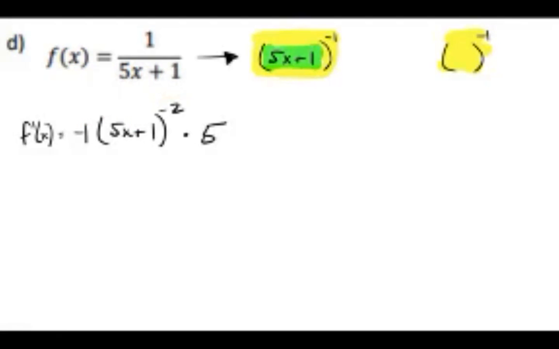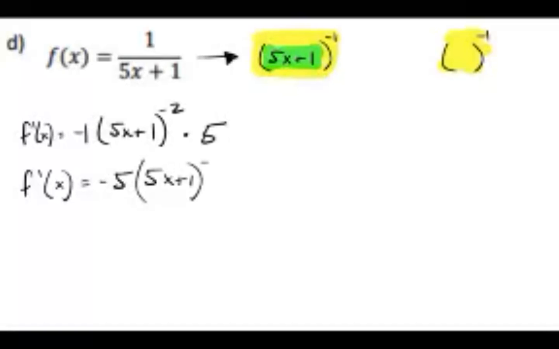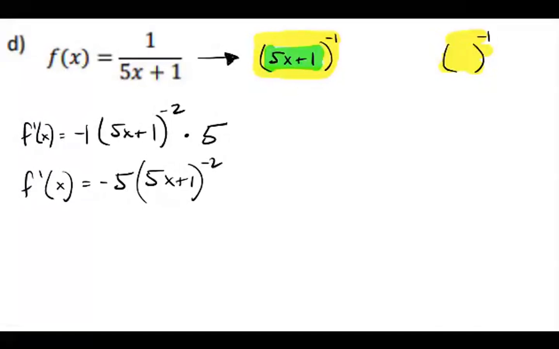But what I can do, this is a multiplication problem. This is this times this, times this. So I can do some multiplication. I can multiply this guy and this guy here, and then this stuff here stays the same.